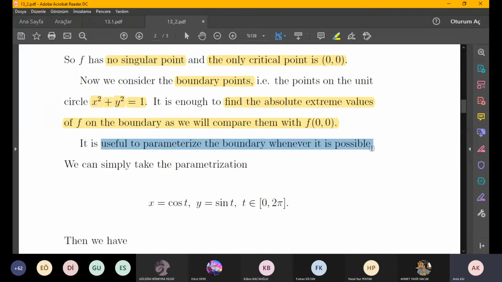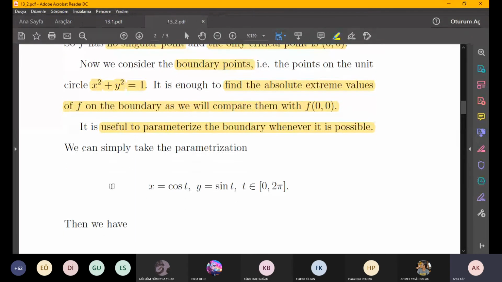So we can simply take the parameterization by letting x equal cosine t. Let's parameterize the boundary points, which are the points on the unit circle, x squared plus y squared equals 1. How can you do that?